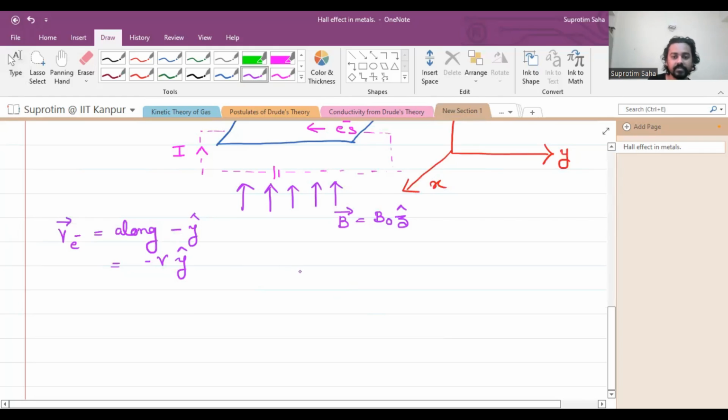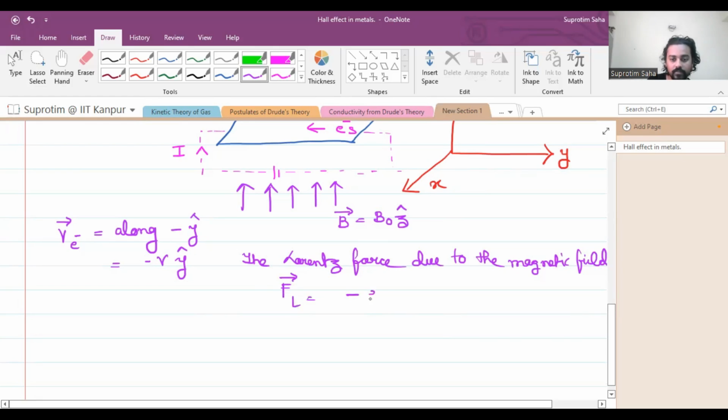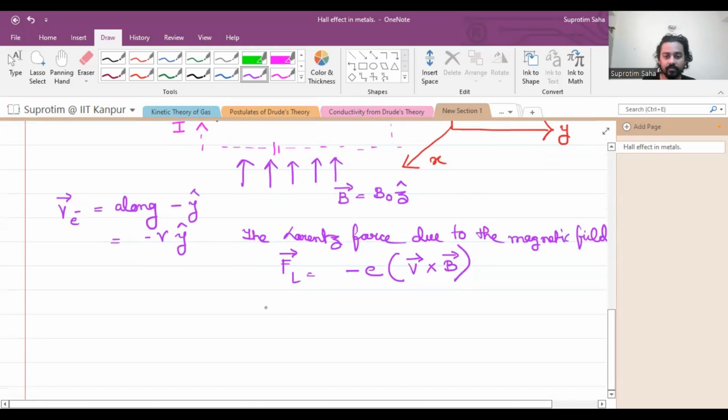Now, what happens? The Lorentz force due to the magnetic field is given by the negative charge of the electron, which remains outside, times v cross B. We put in the components: v is minus v y cap times B naught z cap, which reduces to e v B naught x cap.